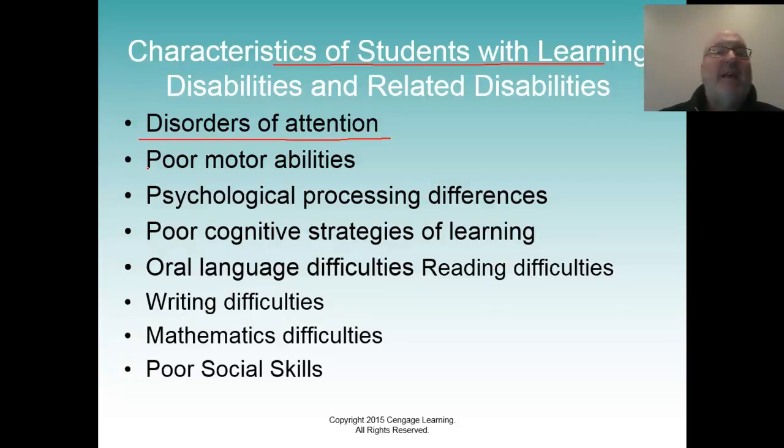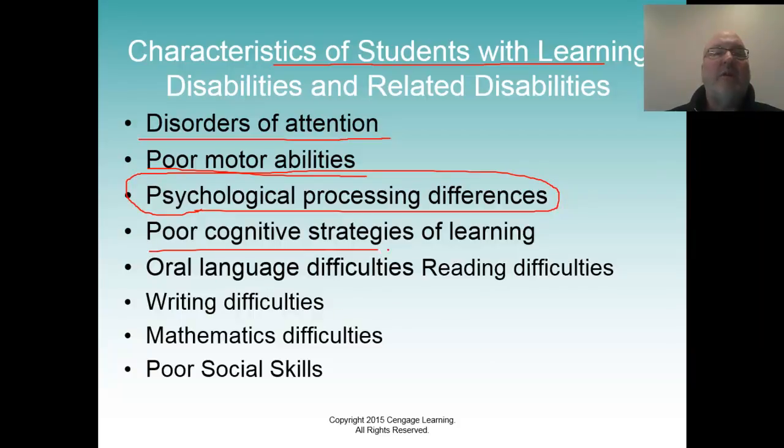Here's another one that's kind of common that you don't always think of, is just poor motor skill abilities, and that's where they have trouble with handwriting and those types of things. Psychological processing differences, and this is probably the most common, is they have trouble with processing things, really poor cognitive strategies, oral language difficulties, writing difficulties, math difficulties, poor social skills.